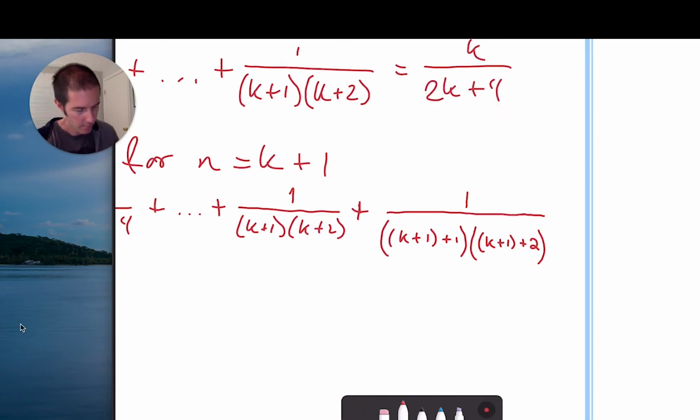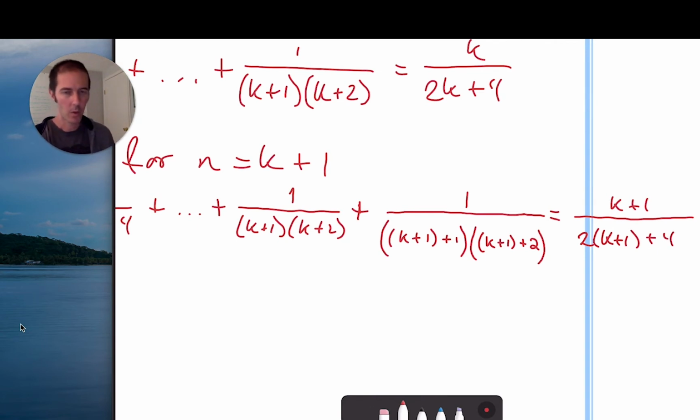Now, instead of having changed an n into a k, we're changing n into a k plus 1. So our numerator there is k plus 1, and our denominator says 2 times k plus 1 close plus 4. So the k has become a k plus 1 everywhere.